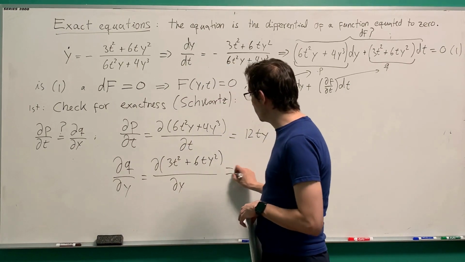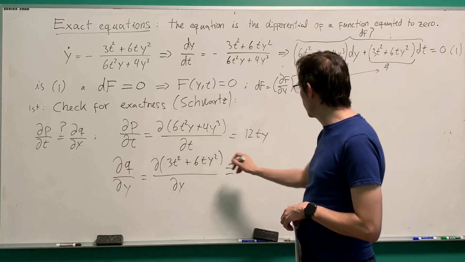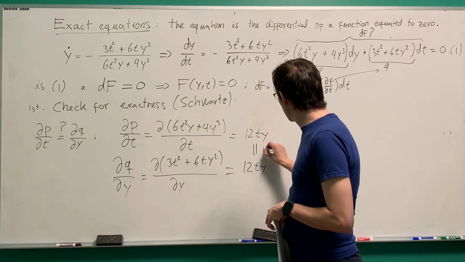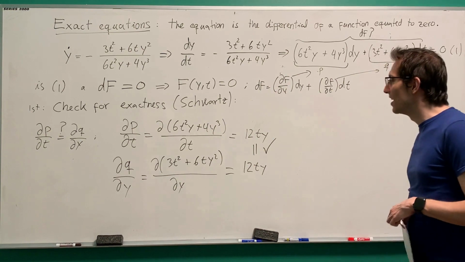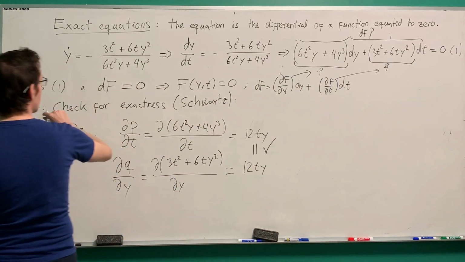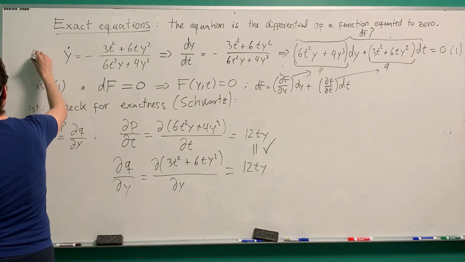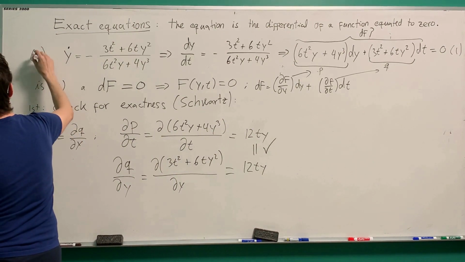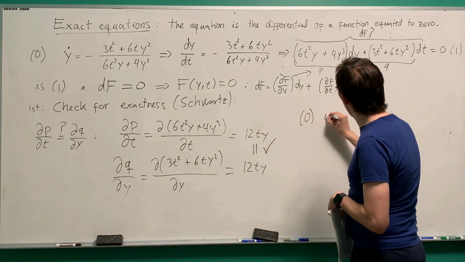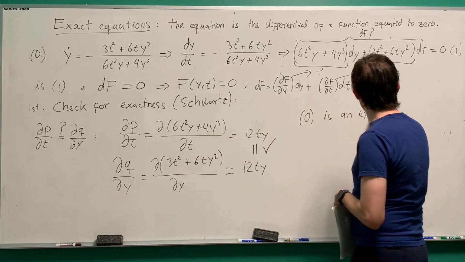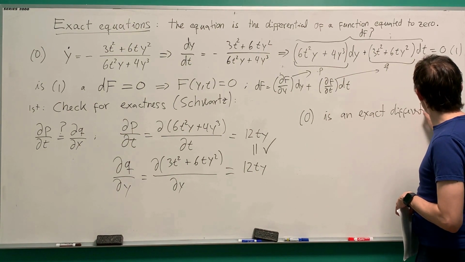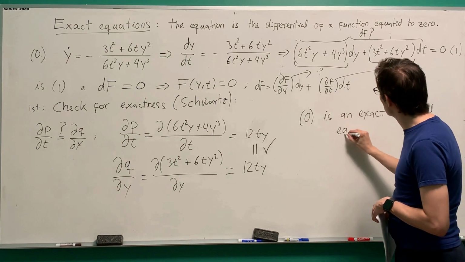The first one is 0, of course, and the second one gives me 12ty. Nice. It coincides. It's an exact equation. So this equation, let's call it equation 2, or equation 0 if you want, because it came first, is an exact differential equation.